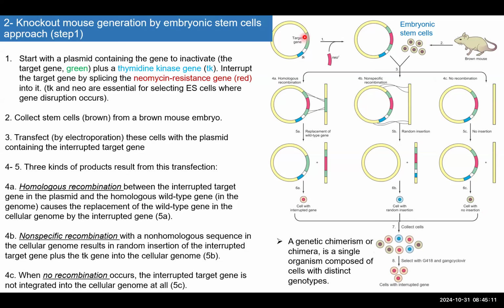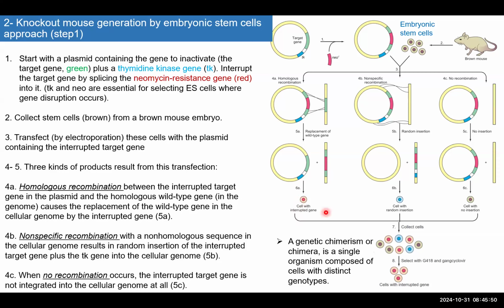In conditions where the recombination took place perfectly, it will recombine using the homology arms around the gene, and therefore it will lose the thymidine kinase gene. With this type of selection, if I treat the cells with the thymidine kinase drug, the cells will not react to that and they will survive because they don't have the thymidine kinase gene.